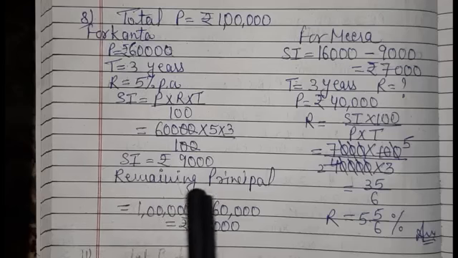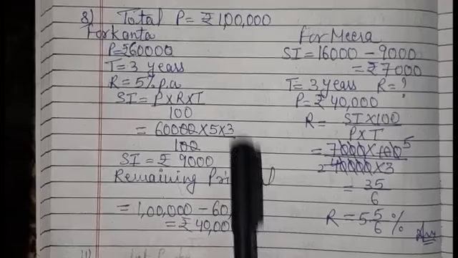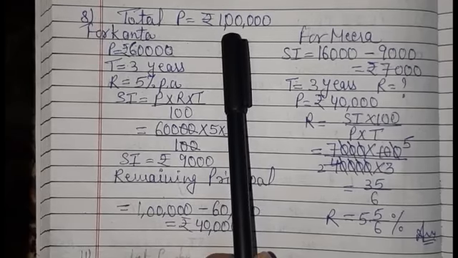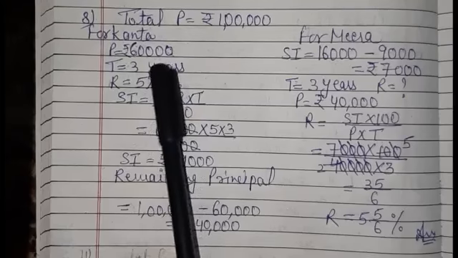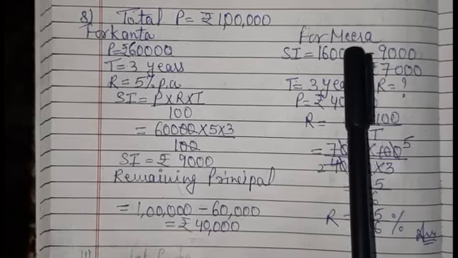Now calculate the remaining principal. How much principal is remaining? It will be 1 lakh minus 60,000. So when we solve, 40,000 will come. That amount she has given to Meera.